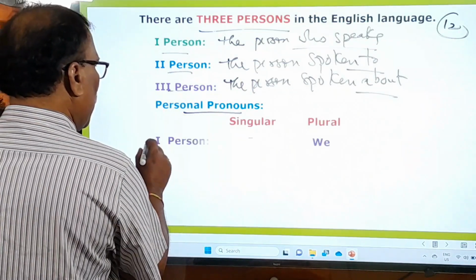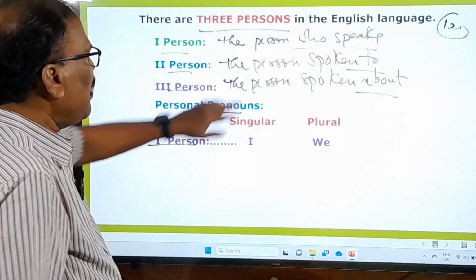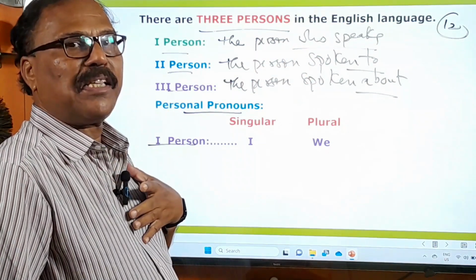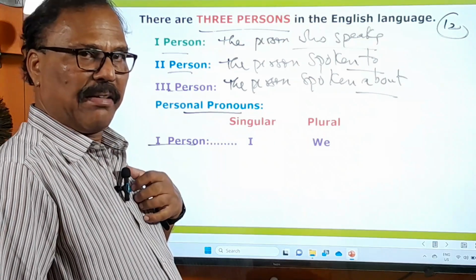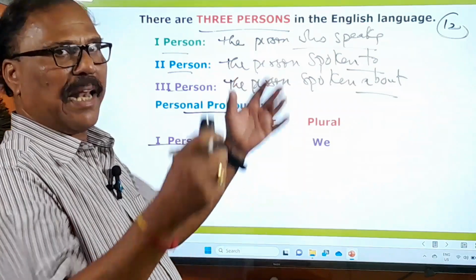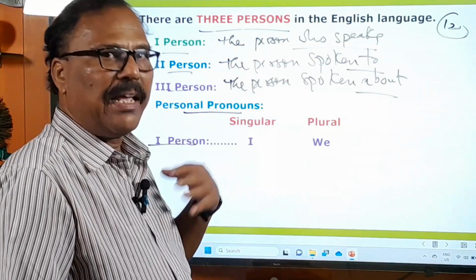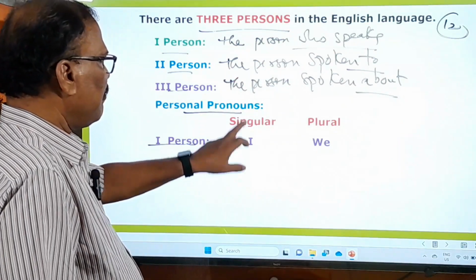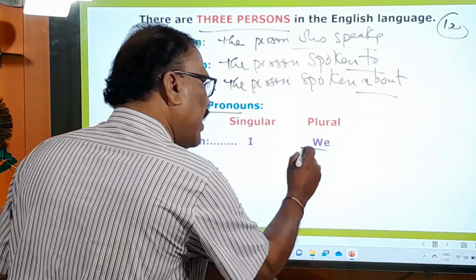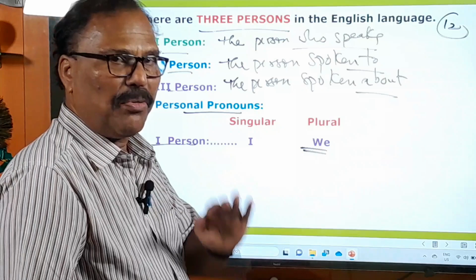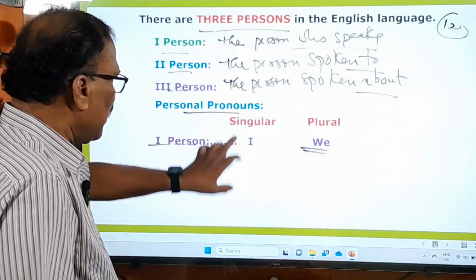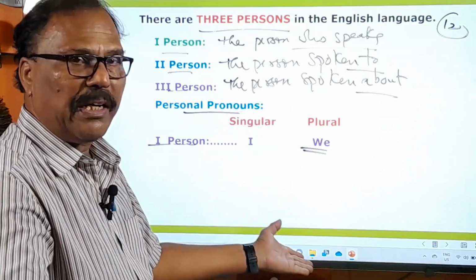In the first person, the person who speaks, if one person speaks, he says I help you, I appear, I take the examination, I attend the class, I go to Hyderabad. You use I. If there are so many persons speaking, they say we. ఒక్కడే ఉంటే నేను నేను నేను అని మాట్లాడతారు. చాలా మంది ఉంటే మేము అంటారు. Therefore first person singular is I, first person plural is we.